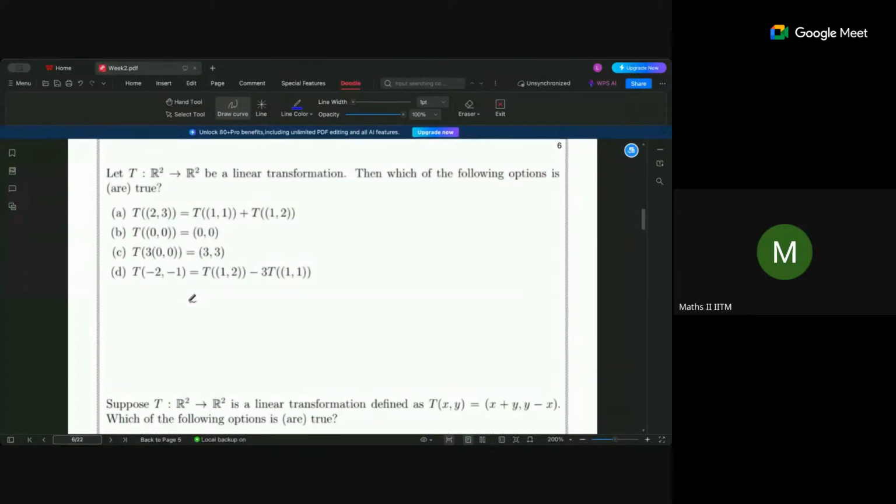Let T from R2 to R2 be a linear transformation, then which of the following options are true? The first one: T of 2 comma 3 is equal to T of 1 comma 1 plus T of 1 comma 2. Is this true or not? How to check? You have two vectors u1, u2. What is u1 plus u2?